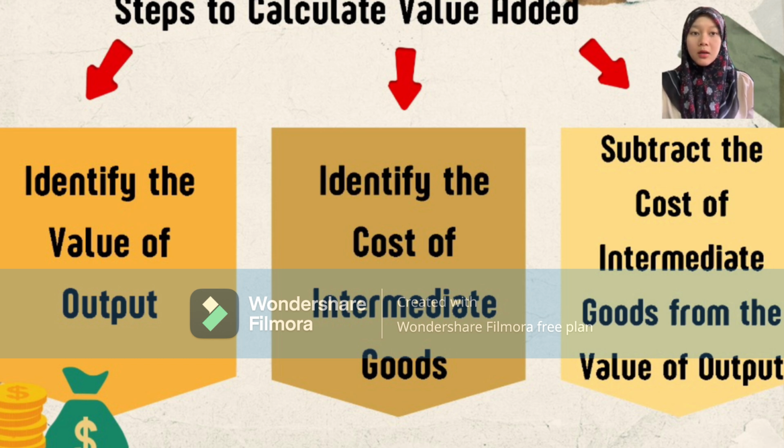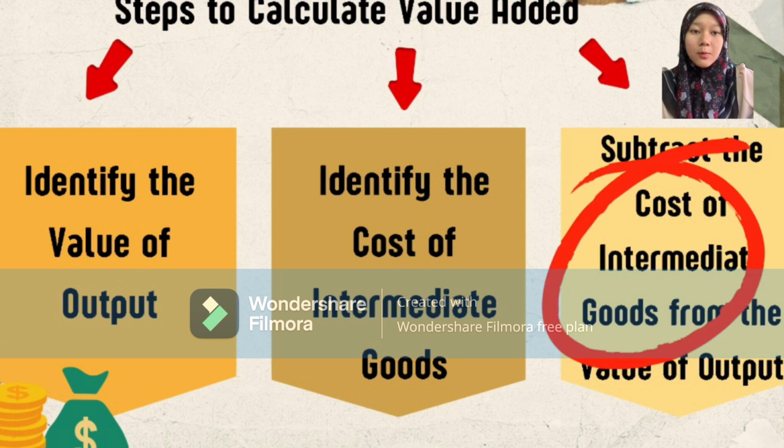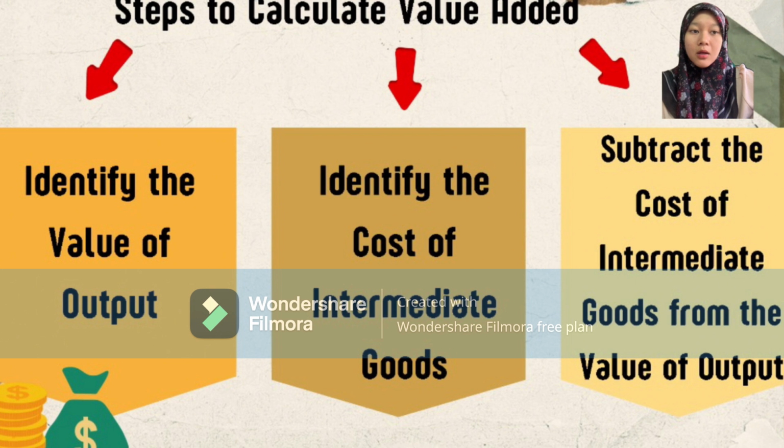Intermediate goods are those that are used as inputs to produce final goods and services and are not counted in the final product value to avoid double counting. Lastly, we need to subtract the cost of intermediate goods from the value of output. Here we can get the value added for the product.